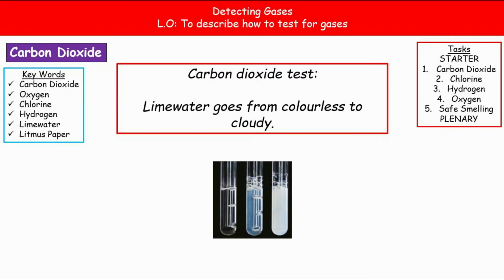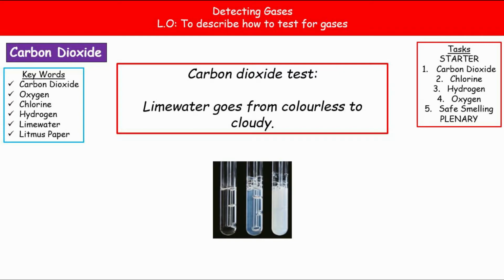When it comes to testing for carbon dioxide, what we need to write down is limewater goes from colourless to cloudy. So there's basically three keywords to remember there: limewater, colourless and cloudy. Please do not write down it starts off as clear, because clear isn't accurate. We can have a solution that's red but it's clear because there's no bits floating in it.